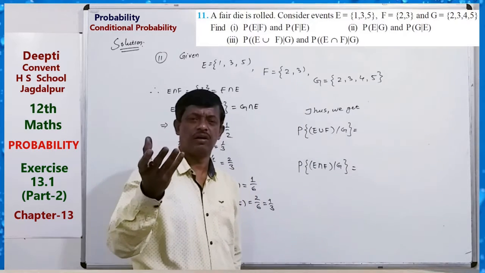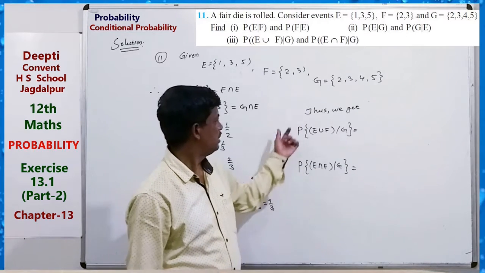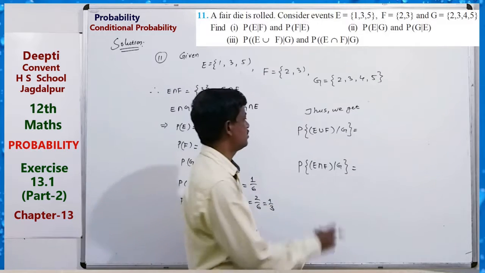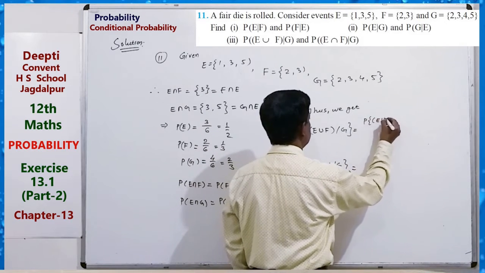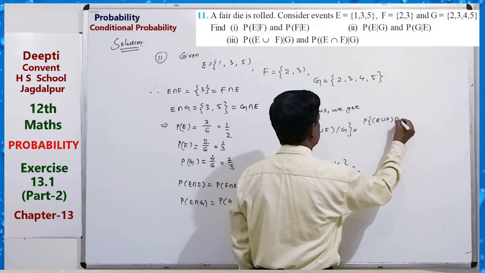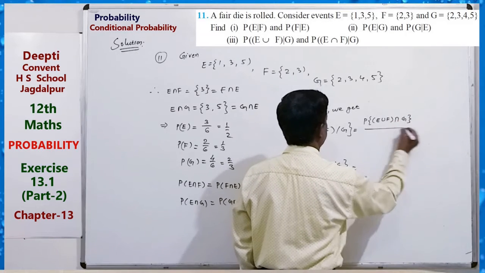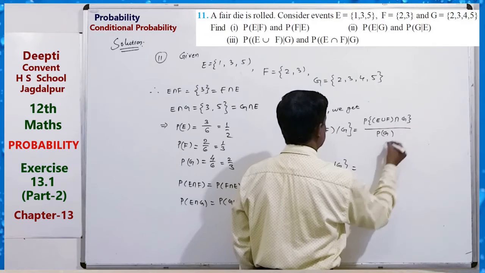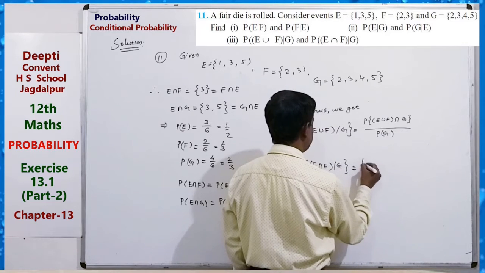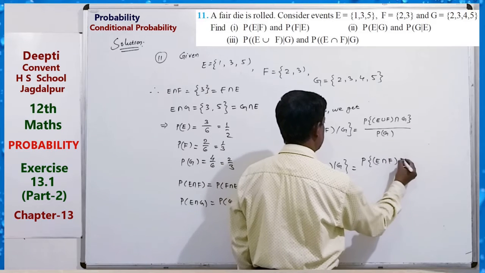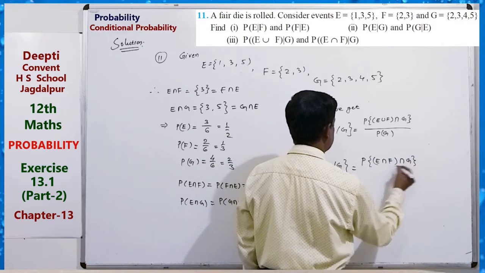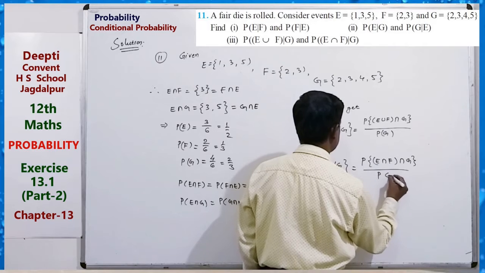According to the formula of conditional probability, P(A by B) means P(A intersection B) upon P(B). So it is probability of (E union F) intersection G upon P(G). And P(E intersection F) intersection G upon P(G).